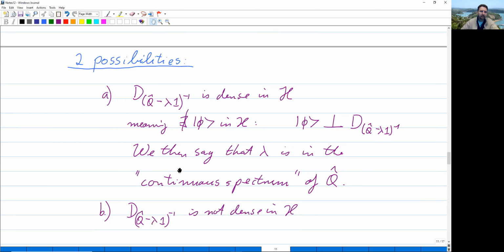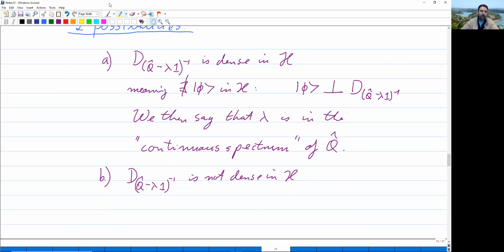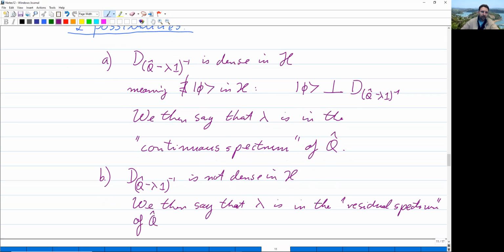The other case, the case B down here, is something that we don't need to worry much about. If this happens, we say that lambda is in the residual spectrum of Q hat.